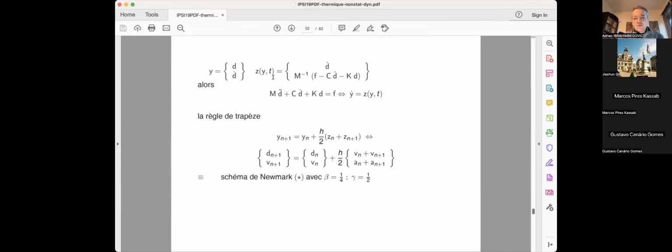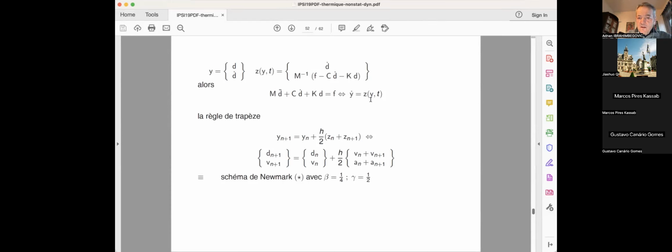And then the first equation will be y dot equal to z of y and t. The first equation will simply be d dot equal to d dot. And the second equation will be, y has already the second component to be d dot, then you differentiate it again, that becomes d double dot, that's acceleration, equal to M inverse times f minus C d dot minus K d, which is basically your equation of motion written the way where acceleration is solved for on the other side.